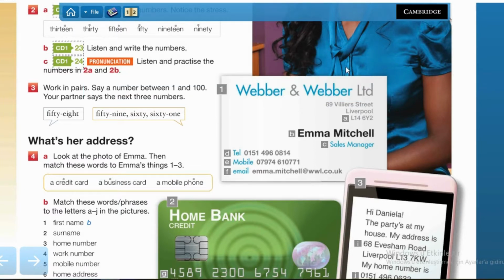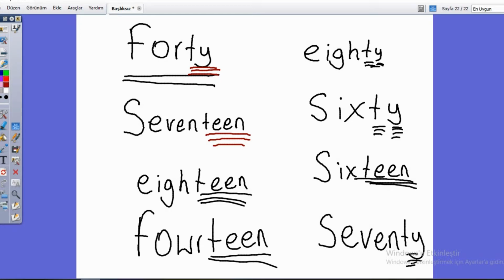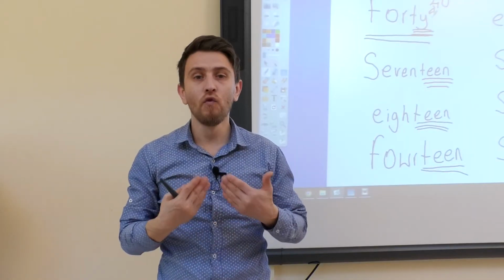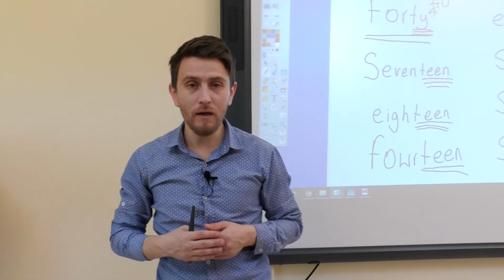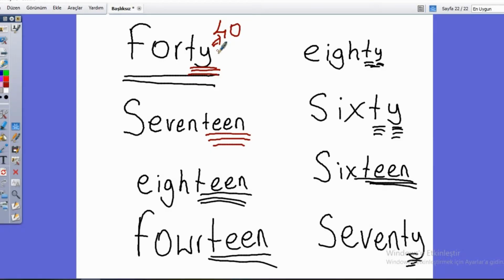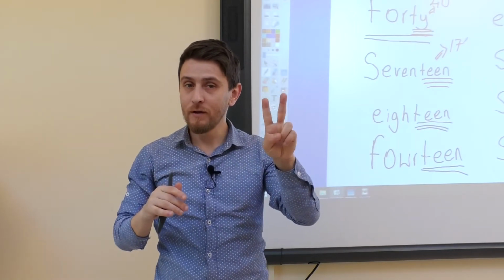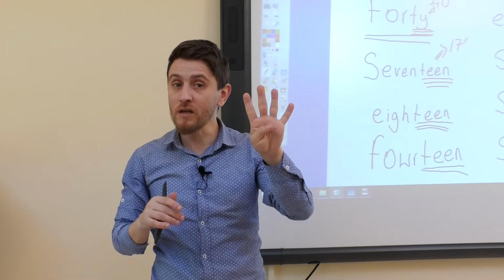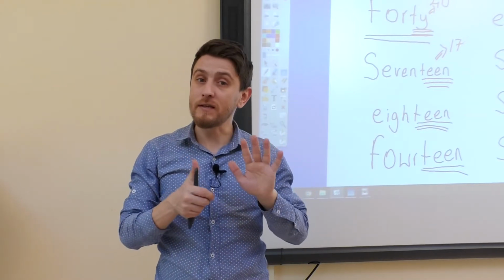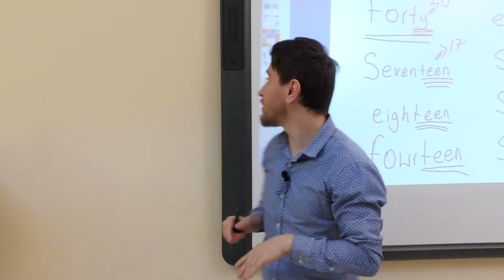So let's write them with numbers on here. 40, ty. 40. Like 37, 38, 39, and 40. The next number here is 17. Like 10, 11, 12, 13, 14, 15, 16, and 17.